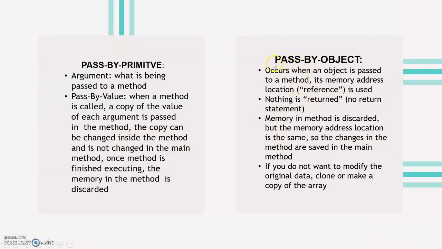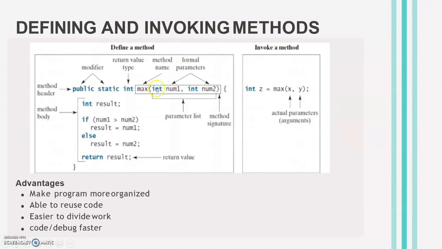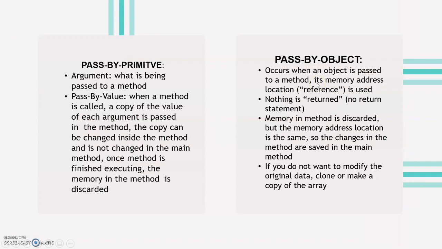And then when we pass by object, it's actually quite different. So say instead of an integer over here, we passed an entire array. So we passed an integer array instead of an integer. When we make changes inside with the integer array, it's actually completely reflected outside. And this is because of the way that the memory is referenced throughout the program, because arrays are something called an object type, and those are referenced differently than integers, which are something called a primitive type.